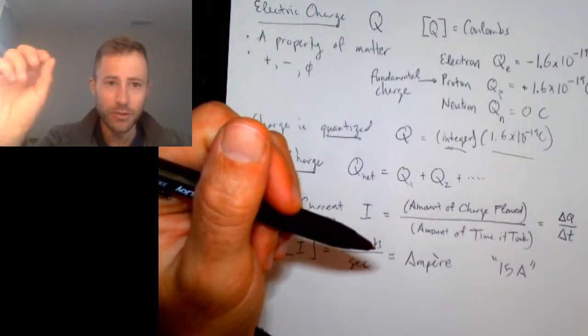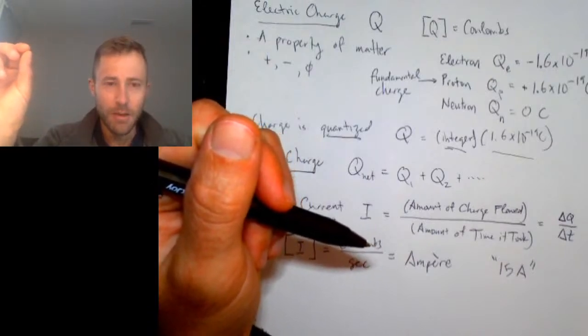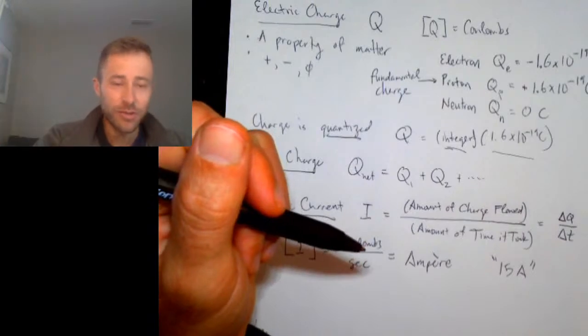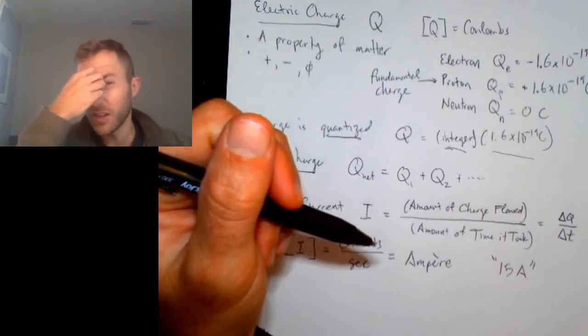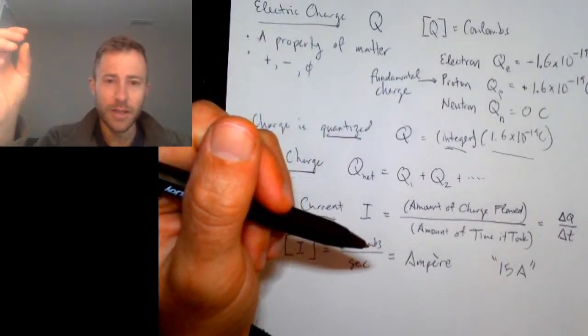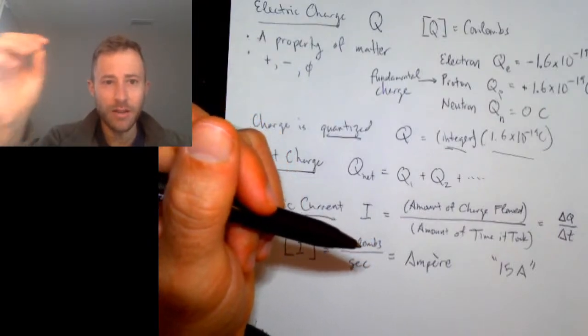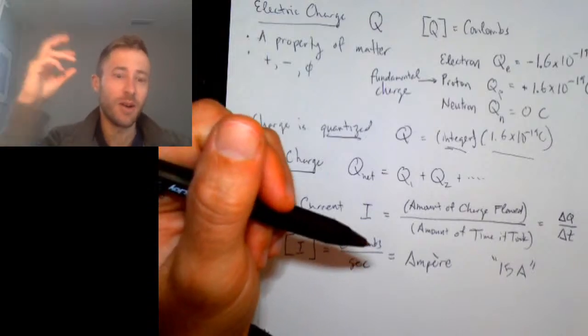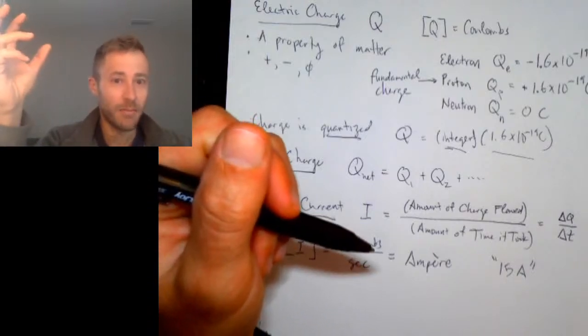So there are fast fuses and there are slow fuses. It depends on the application. In some cases, it's okay if the current exceeds the upper limit for a short amount of time.